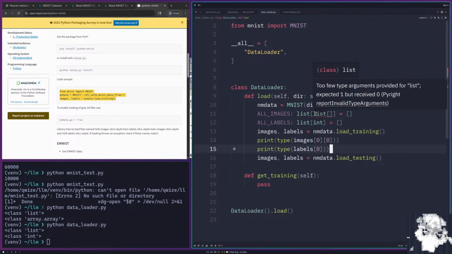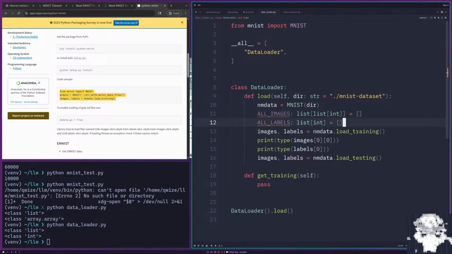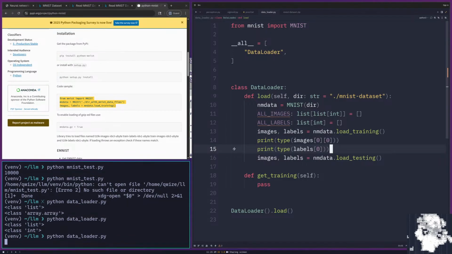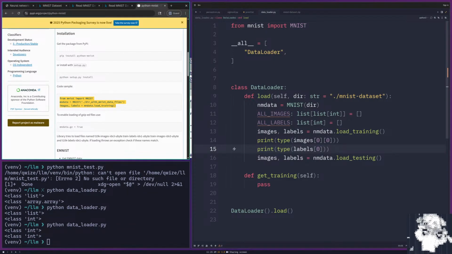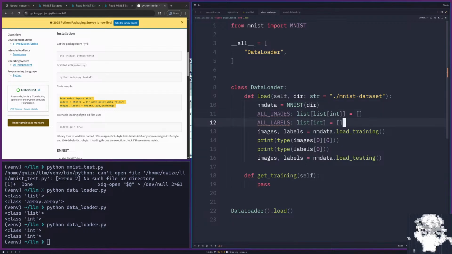What's wrong with this? Oh, because I don't know it's of what yet. Let's find out. List of int, so that was right. So these are images, these are labels. Why is it a list of ints? I thought the images were supposed to be grayscale. Is that wrong?